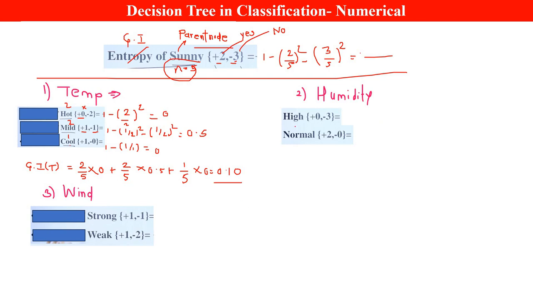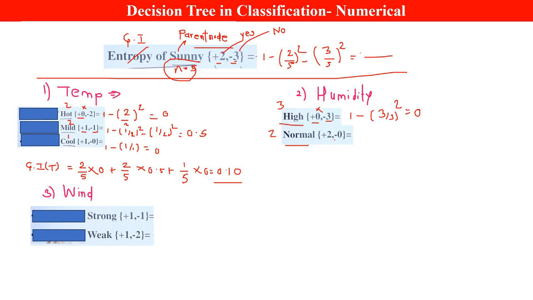Then humidity: we have high and normal. High is coming 3 times and normal is coming 2 times. In high, 0 yes and no is coming 3 times. So 1 minus, we don't consider the probability of yes, we consider probability of no, 3 by 3, which becomes 0. If one class is 0, then GI is also 0 and entropy is also 0.